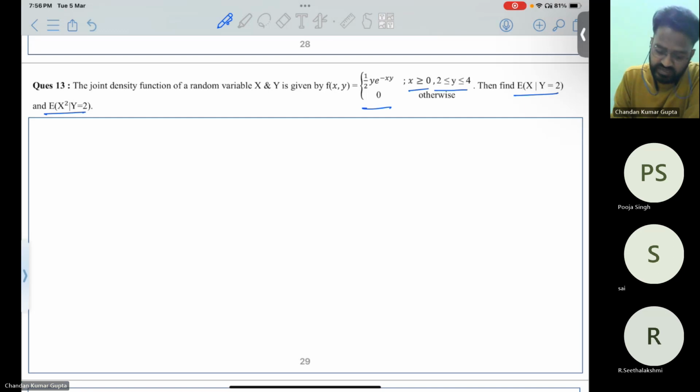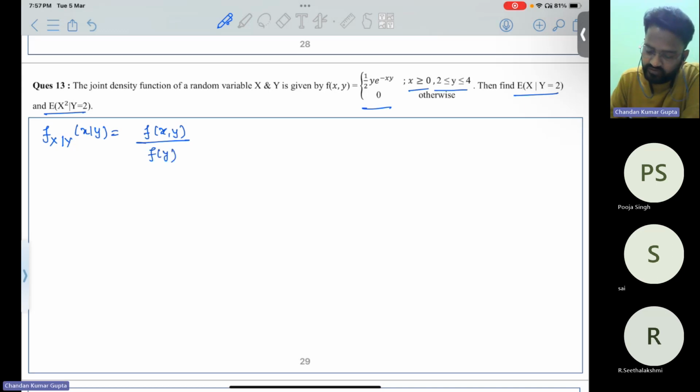That means first we need to find the PDF of x given y, which is equal to joint divided by marginal of y. Our first aim is to calculate the marginal of y, which is the integral over the range of x, from 0 to infinity, of 1 by 2 y to the power minus xy dx, no?